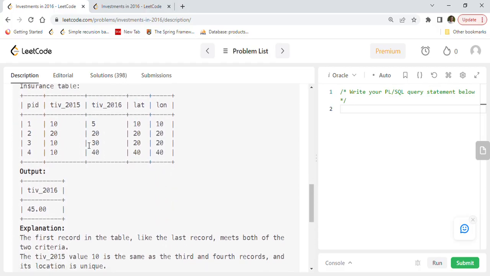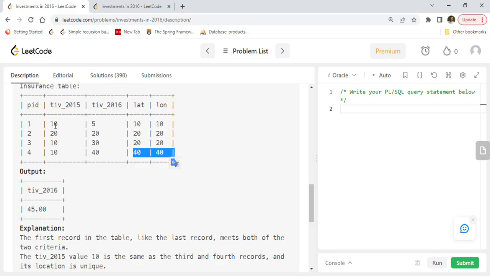You can see here that for the first record the latitude, longitude is 10, 10, and for the fourth record the latitude, longitude is 40, 40. So this latitude, longitude combination is unique here. No other policyholder has that combination, correct?